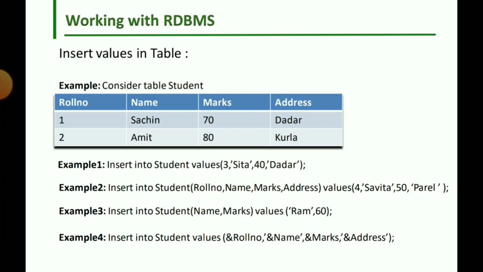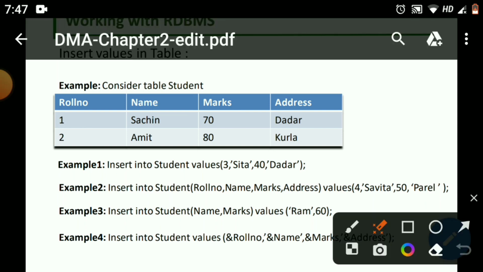See, in the example you will understand very properly. Insert values in table. This will insert a row whose roll number will be 3, whose name will be Sita, whose marks will be 40 and address will be Dadar.